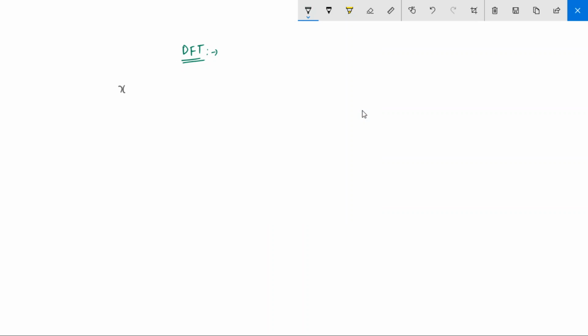So you have an input sequence x[n]. You have computed its DTFT. You got X(omega), and assuming that this sequence has a finite length of n samples between 0 to n minus 1.